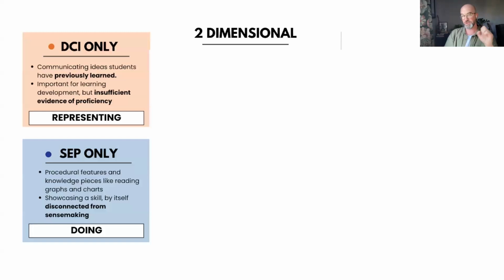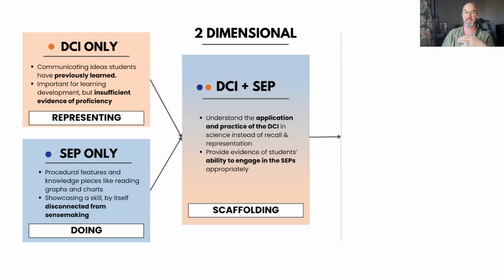And then what we do is we'll take those performances from those one-dimensional things, one-dimensional SEP, one-dimensional DCI, and we'll say, now let's write a two-dimensional question and say, okay, now can you combine your understanding of content and your understanding of the SEP and answer questions about applying the practice through the lens of modeling, for example.